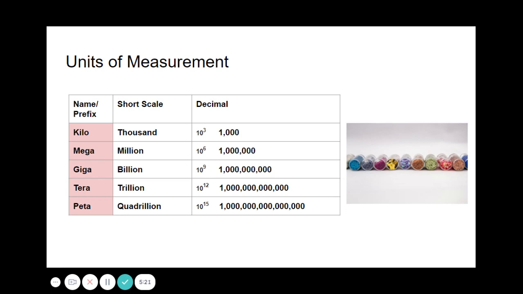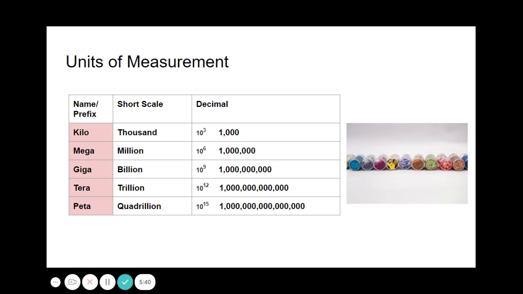So we kind of have in our head some idea of these other words that are used: bit, nibble, and byte. But we're going to have to use some other prefixes that exist just in units of measurement. These prefixes, these words or parts of words, exist outside of computing, right?